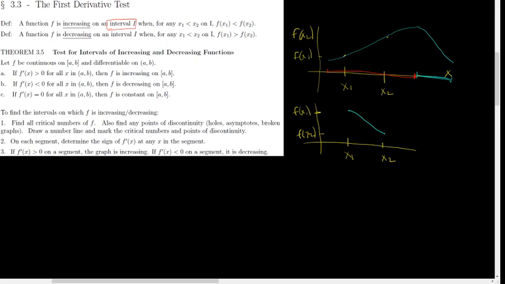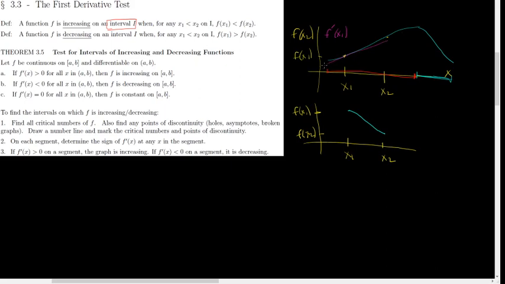So this is a kind of clumsy definition of what it means to be increasing or decreasing. There's a much easier way to determine if a function is increasing or decreasing, and that's to look at the slope of the tangent line at a given point. In other words, take the derivative. If you take the derivative at, let's say, x1 here, the derivative f prime at x1 will be a number, and it'll be the slope of this tangent line here, or at least pretend it's a line.